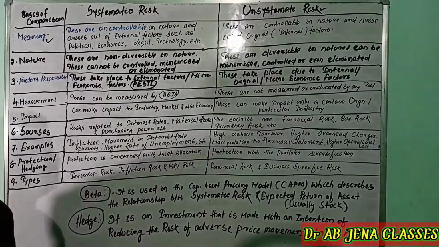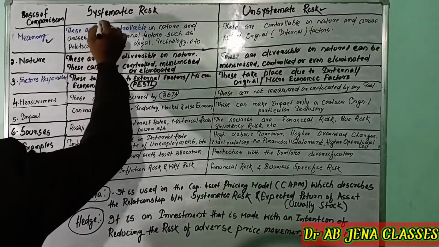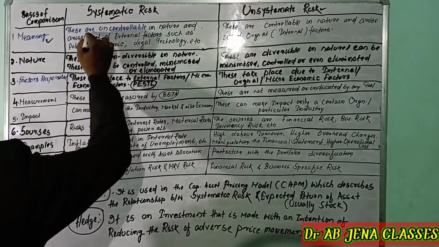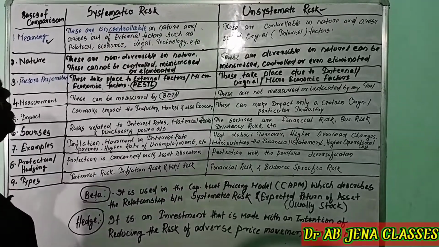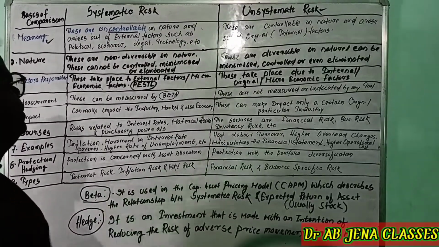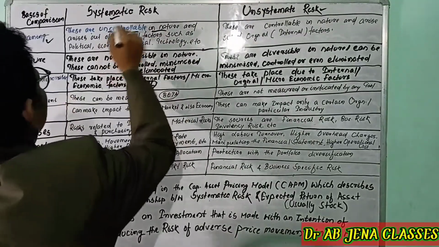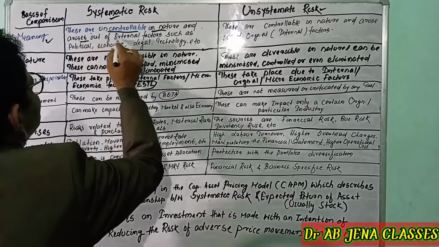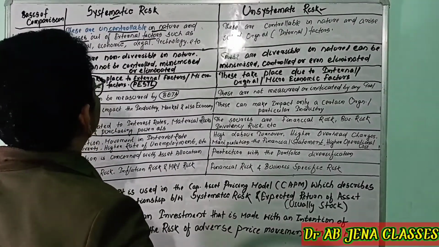What is the meaning of systematic risks and what is the meaning of unsystematic risks? Systematic risks are uncontrollable by their nature, and systematic risk arises out of the external factors.